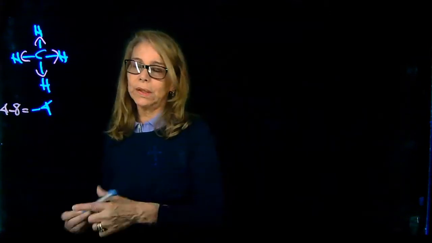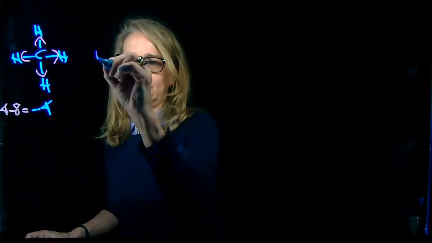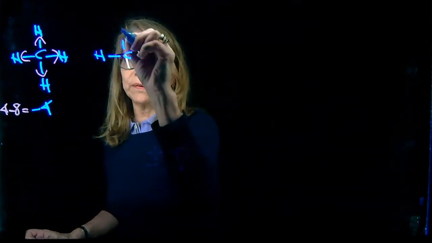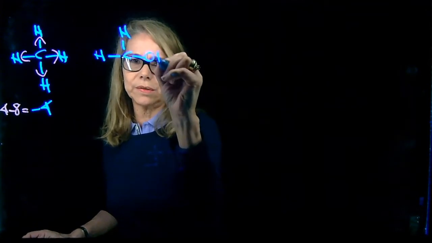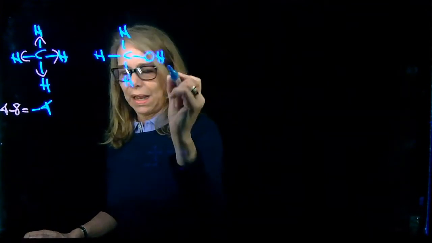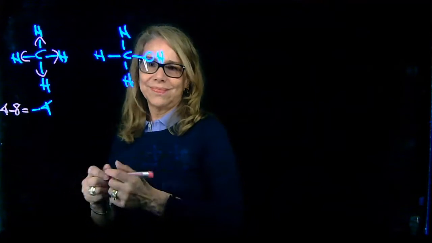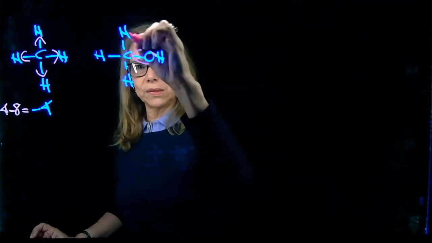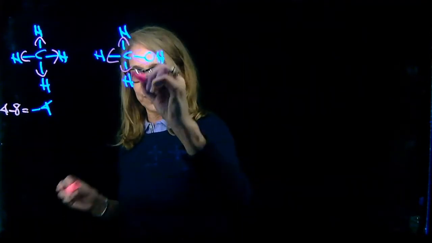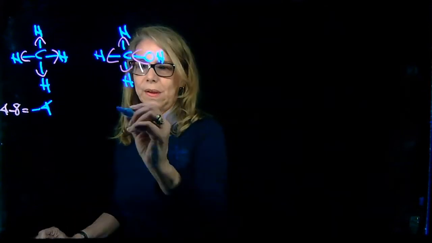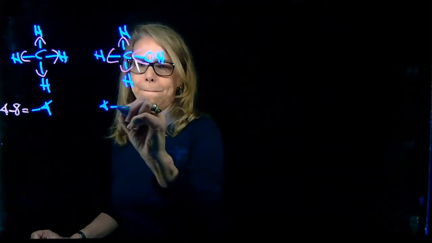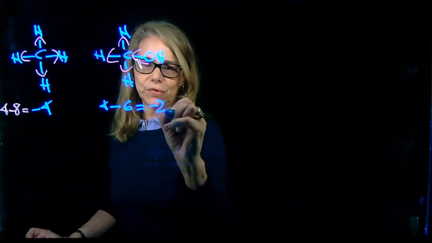So just drawing the other compounds, if I replace one hydrogen by an oxygen, then the math here would be this 2 going to oxygen, this 2 to carbon, this 2 also to carbon, and we say here 4 minus 6 is -2.